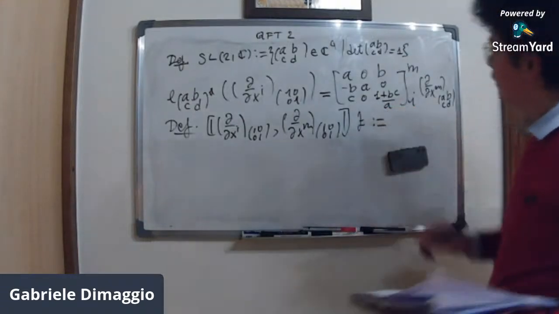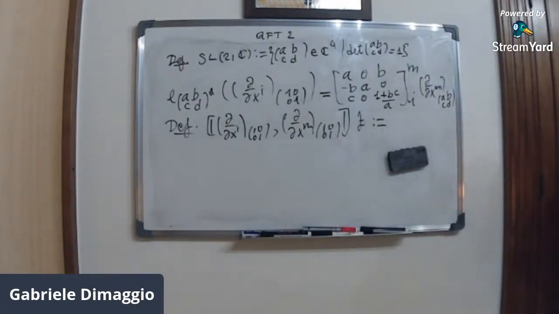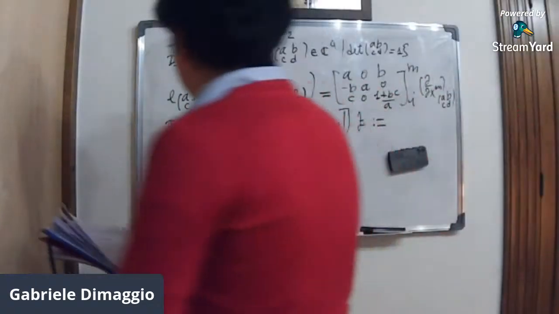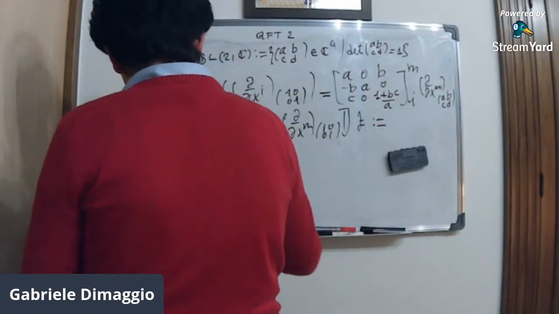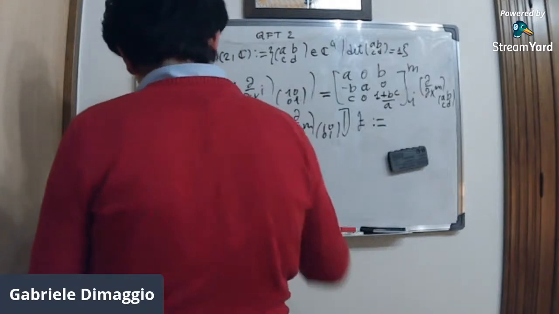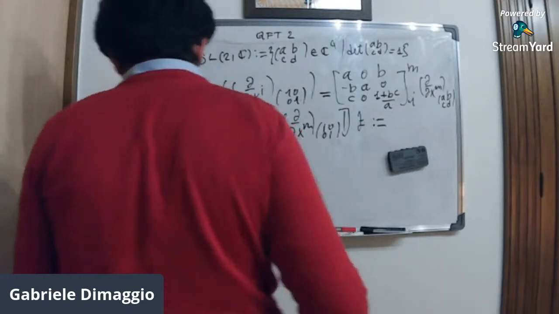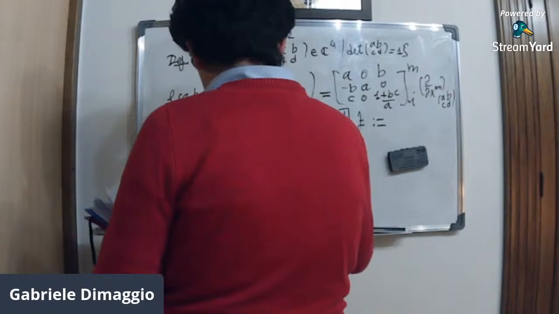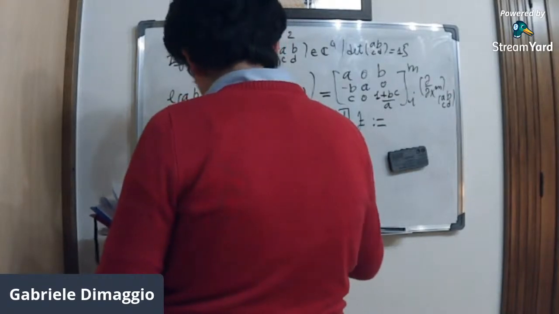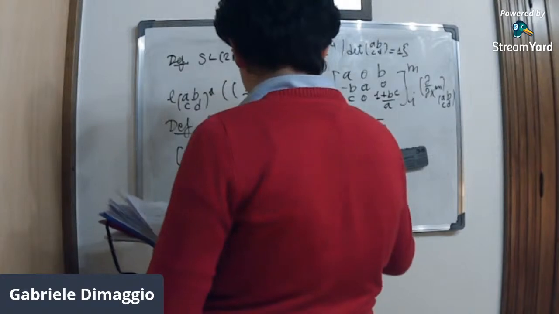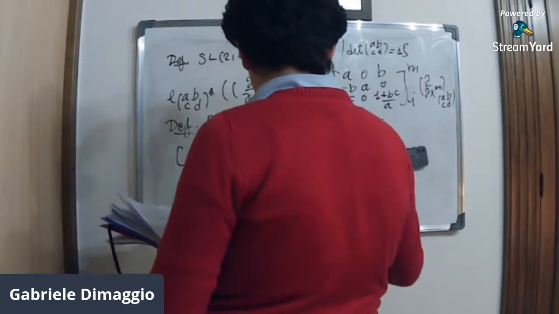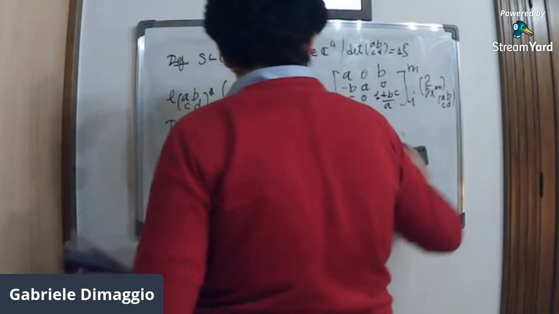Okay, it is defined as what? The commutator L A B C D dual to what? To this X I 0 0 1, L A B C T dual.